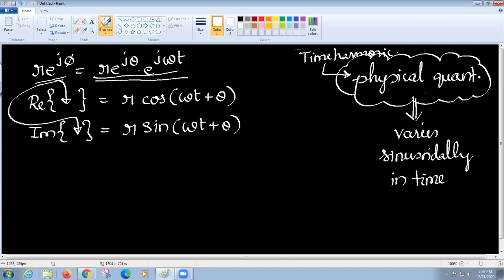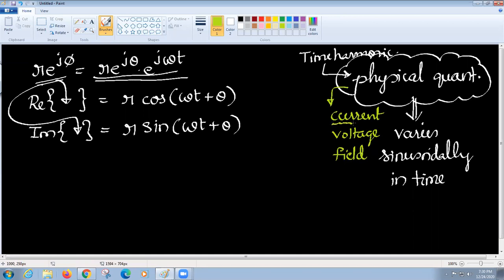That is simple. Now physical quantity means, don't confuse anything: current is a physical quantity, voltage is a physical quantity, energy is a physical quantity, or a field, electric field is a physical quantity, magnetic field is a physical quantity, temperature is a physical quantity, and so on. I can take anything.